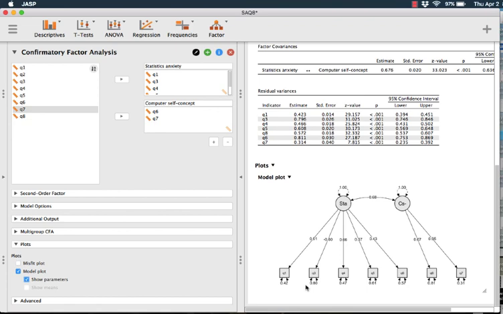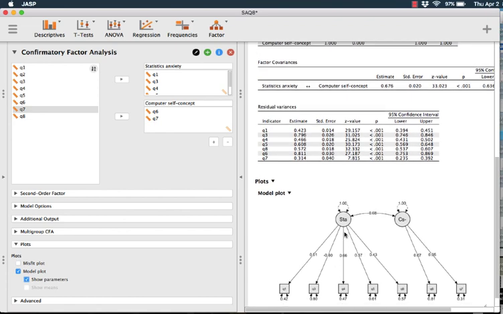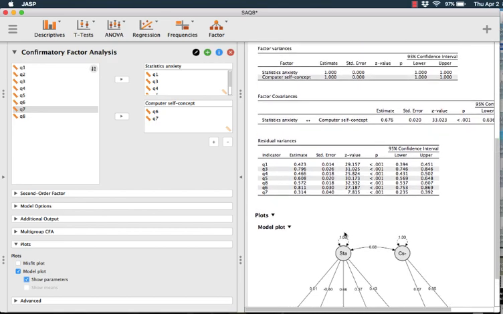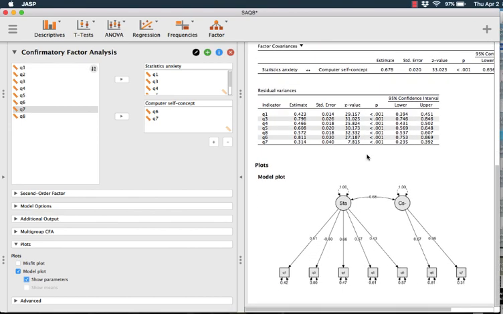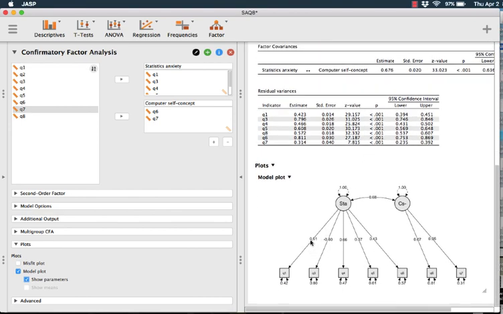Now, I do want to point out something. In the method for confirmatory factor analysis that we've been talking about, remember we identify the model by setting the factor variances equal to 1. That's what gives us a scale on all of the model estimates. There's another way to do this. The other way, and I mentioned this earlier in the lecture, is to set usually the first loading equal to 1.